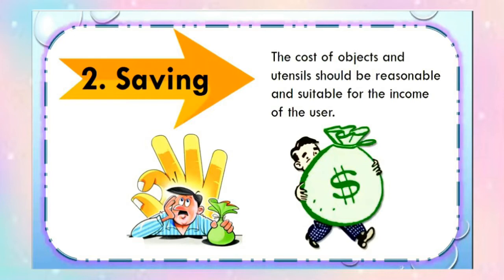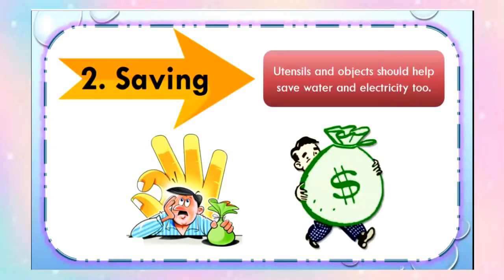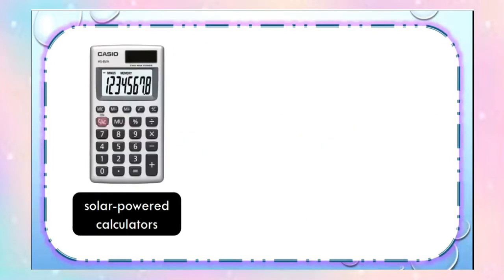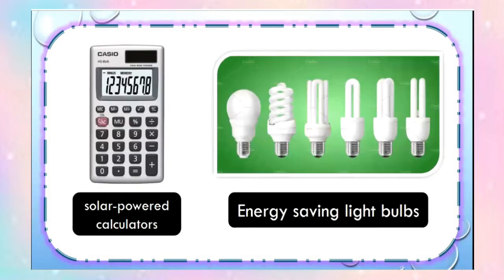So we should be smart in buying things. Utensils and objects should also help save water and electricity. So we should choose things at home that would help us save water and electricity as well. Examples are solar powered calculators and energy saving light bulbs.